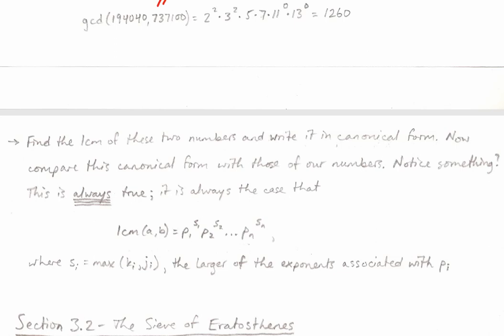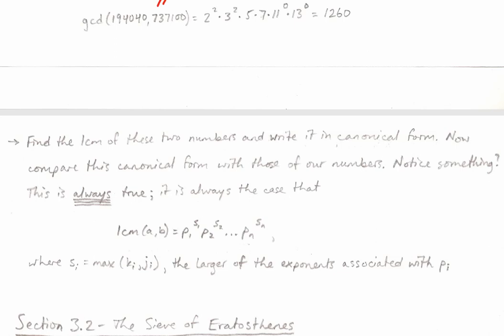And that, if you think about it, it's not too crazy. It does require a little bit of thought, but it's not too bad to then see that it does make sense that the product of two numbers, A and B, is equal to the product of their GCD and their LCM. If you write A, B, their GCD, and their LCM each in its canonical form, you can see why the two things would be equal.